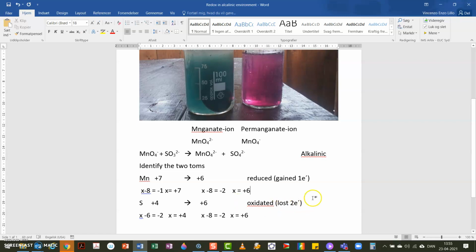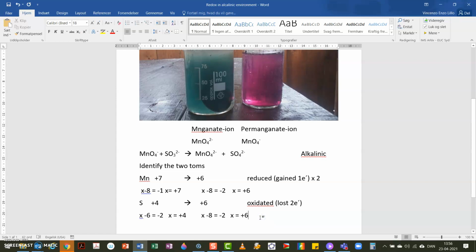So this one here has to be multiplied by 2, because if the sulfur gives 2 electrons away and each manganese gets 1 electron, then it takes 2 manganese in order to receive the 2 electrons from the sulfur.